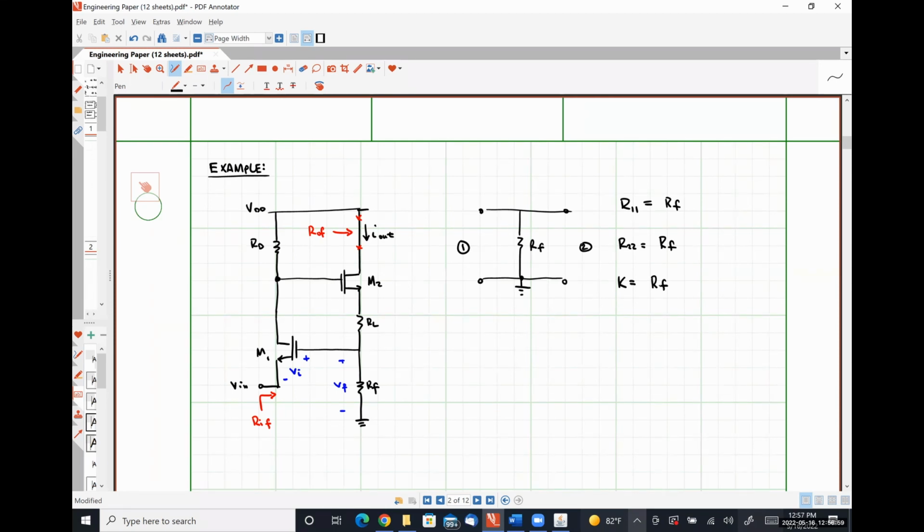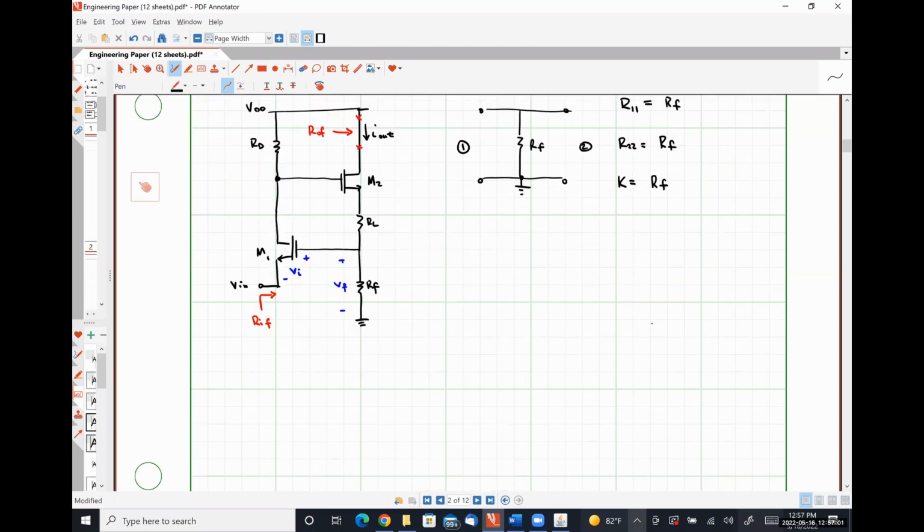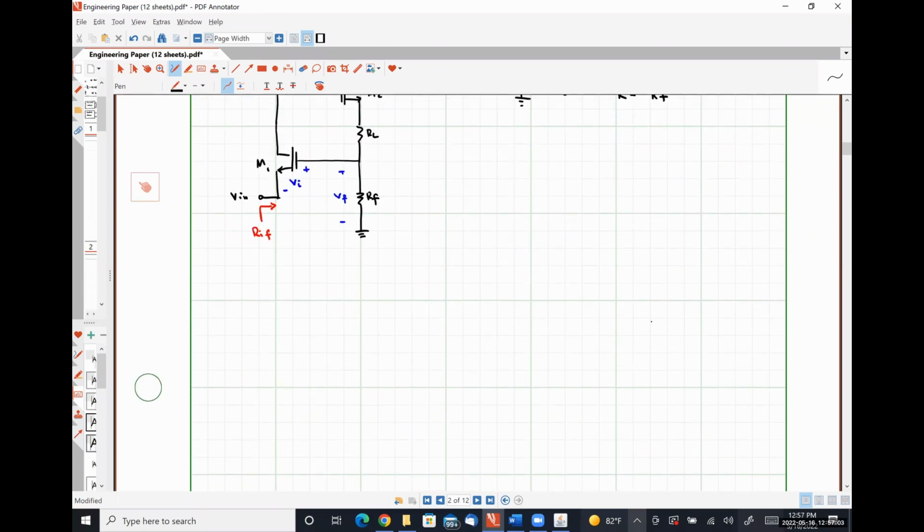All right, so from here, we look at our open loop circuit. So here's our resistor RD.